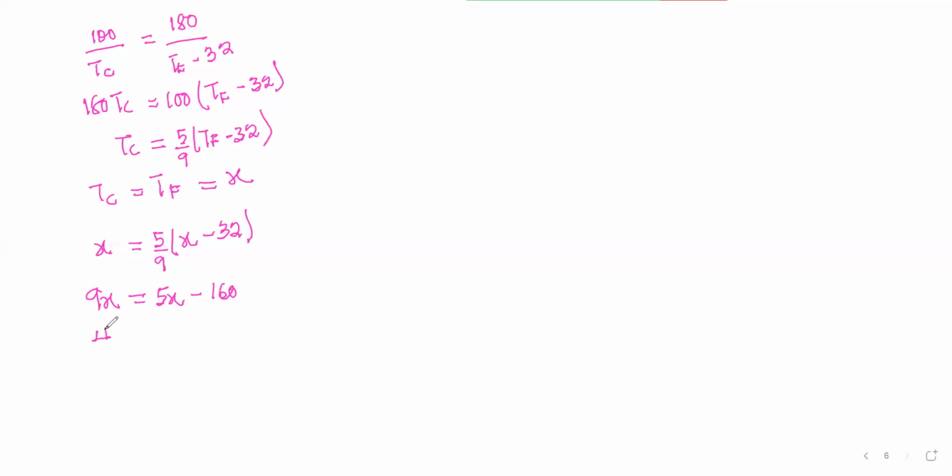So 4X is equal to negative 160. X will therefore be equal to minus 160 on 4, which is negative 40 degrees. So X must be negative 40 degrees Celsius, negative 40 degrees Fahrenheit. This is the point where they will be the same.